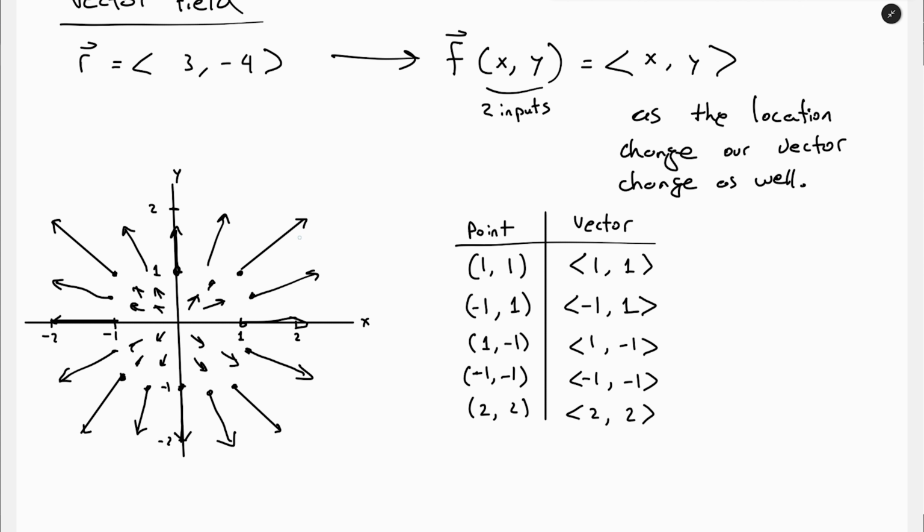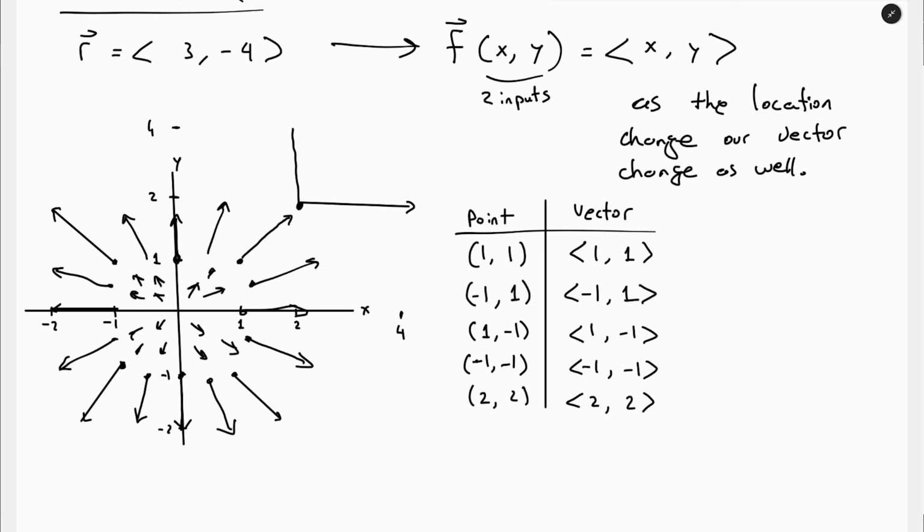So at (2, 2), let me erase this vector, maybe make it a little bit smaller. At (2, 2), our vector goes 2 to the right. Maybe this is 4, and here is 4, and goes 2 up. Actually, maybe it's higher, somewhere here. So the vector is now quite larger, as you can see.